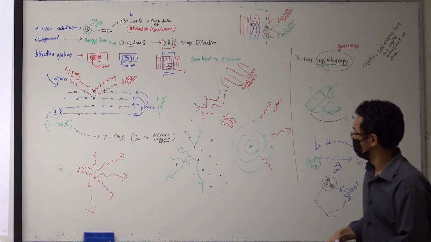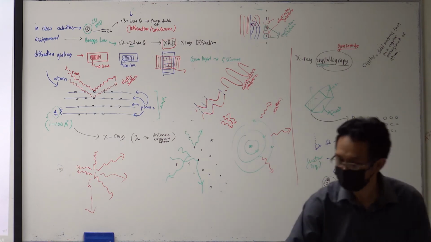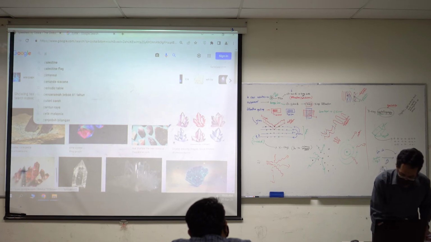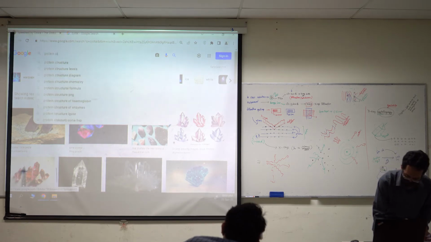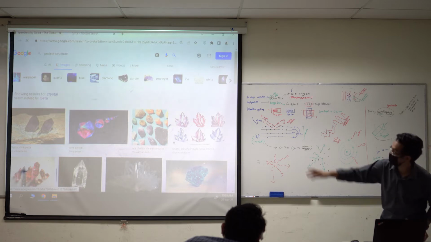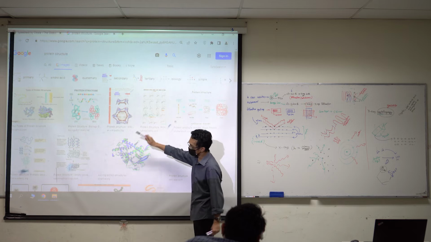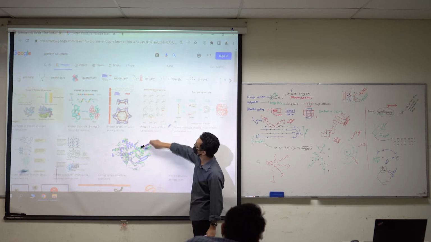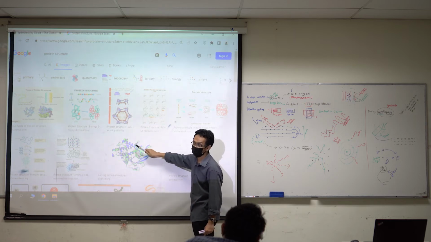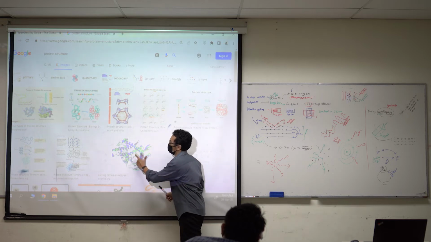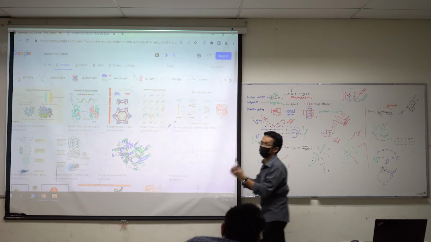Because protein, let's say you have a protein. If I put you the protein structure, let's say you see the protein structure here. How do people know it's like this? It's through XRD. But in order for people to know this, they need to have a protein first.